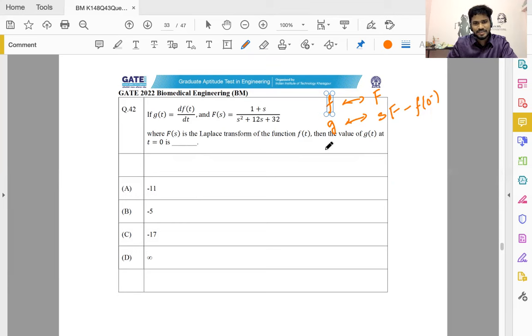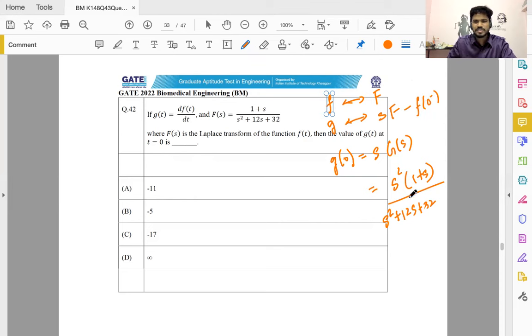And then G of 0 is S into G of S. So that becomes S square into 1 plus S by S square plus 12S plus 32 minus this term. If you want, calculate that term. If it is non-zero, retain it.